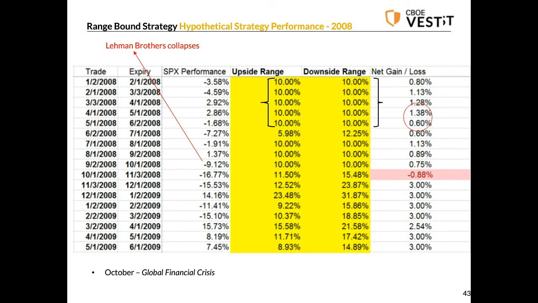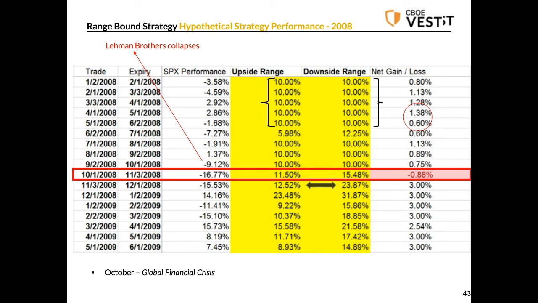But what happens is when you have an event like that, in the subsequent months, the volatility goes up. So you're able to capture a higher level of premium with a strategy like this, with a range-bound premium income index. So even though there might be a month or two of losses, the event would provide higher income in the following months.